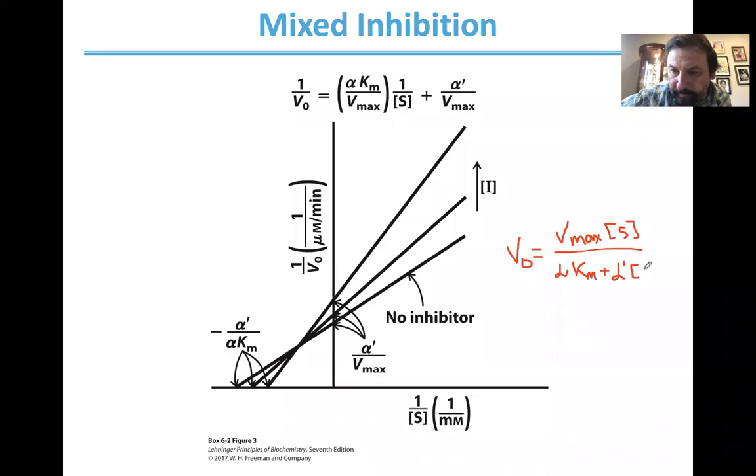And so now both alpha and alpha prime play a role. You can see here, alpha is now part of the slope, and alpha prime is now part of the y-intercept. As you increase the inhibitor concentration, you increase the slope, and also increase the y-intercept, right? So the point of convergence is not on the y-axis anymore, it's to the left of the y-axis.